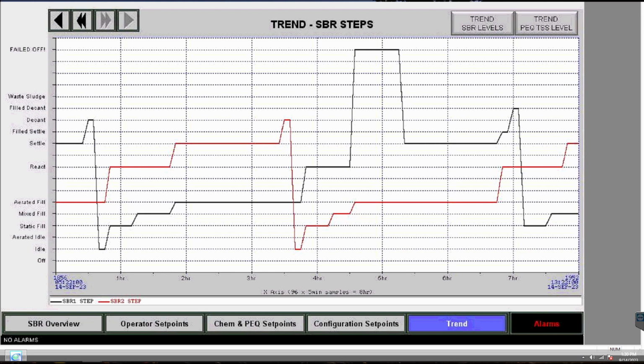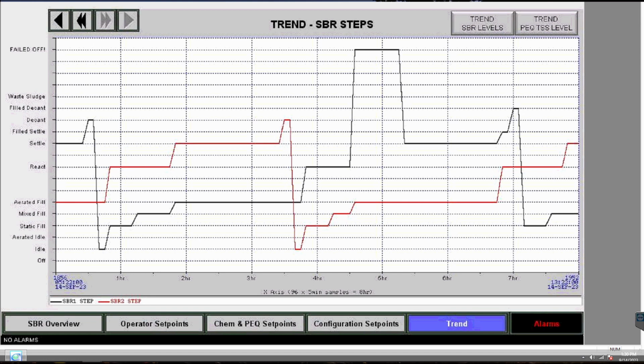The ideal scenario under normal flow conditions would be, as one tank goes through an oxic fill, an aerated fill, the other tank is 180 degrees off on its cycle, so it's going through react, settle, and decant, and hopefully has time for idle. Then, once one tank ends fill, they flip, and now that tank is going through react, settle, and decant, while the other tank is going through an aerated fill.